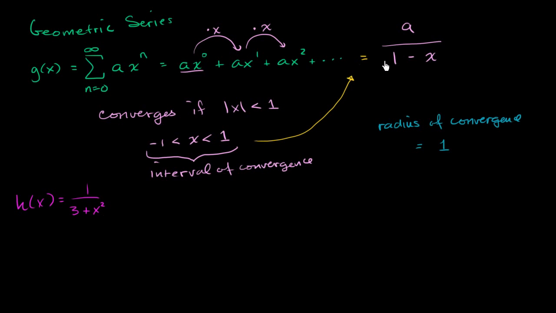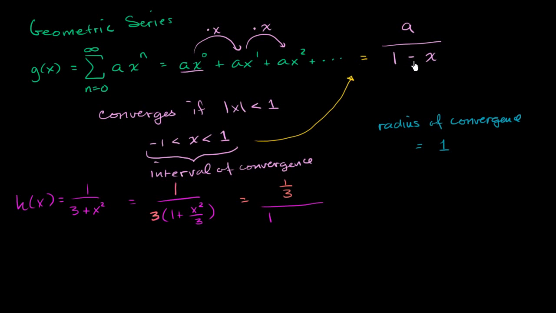So let's see. The first thing that you might notice is we have a 1 here instead of a 3. So let's try to factor out a 3. So this is equal to 1 over 3 times 1 plus x squared over 3. And since we don't want that 3 in the denominator, we can say this is 1/3 over 1.